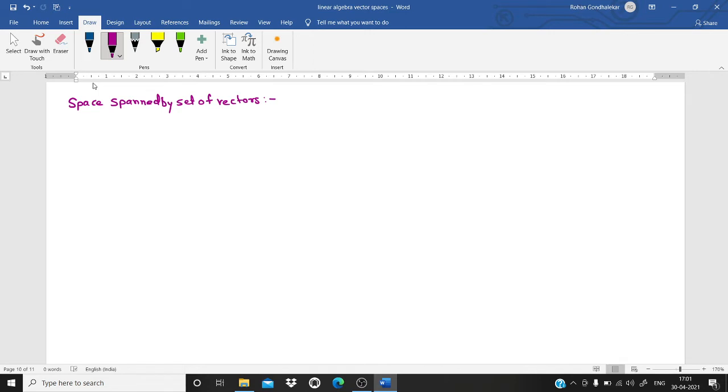Let capital V be a vector space. Let capital S be a non-empty set of vectors V1, V2, and so on up to Vn, and it is a subset of V.